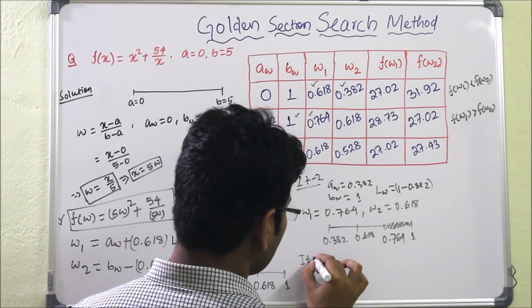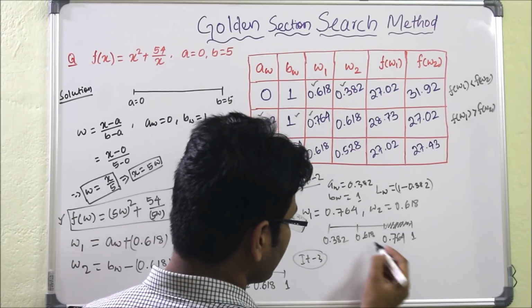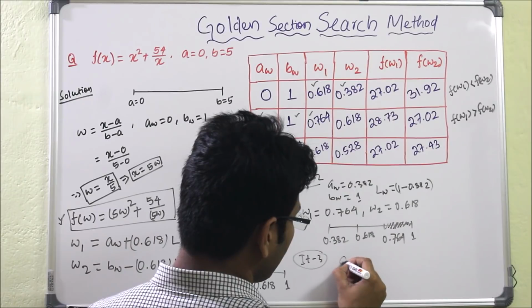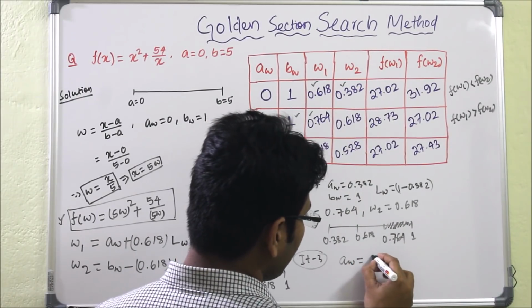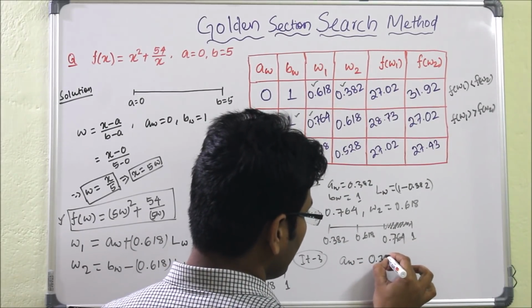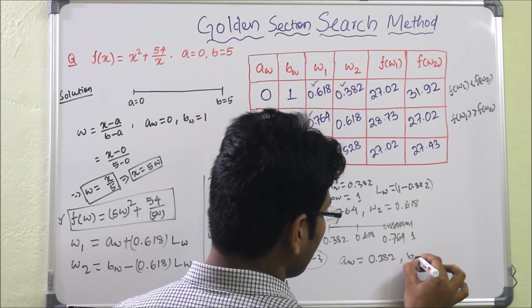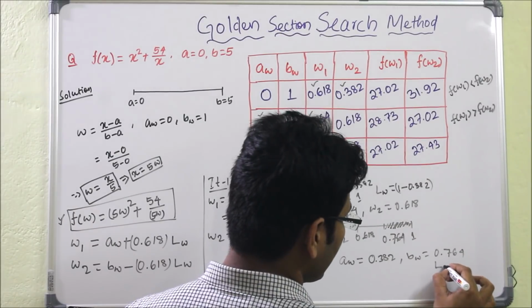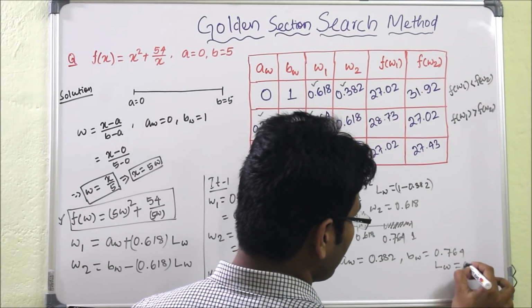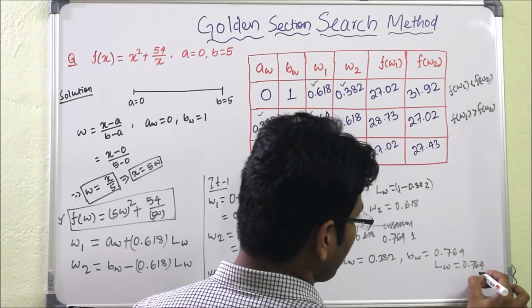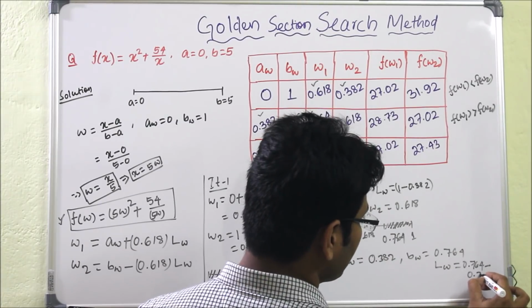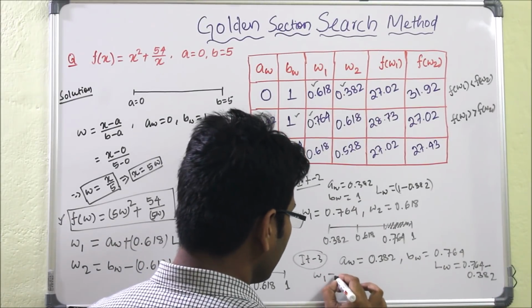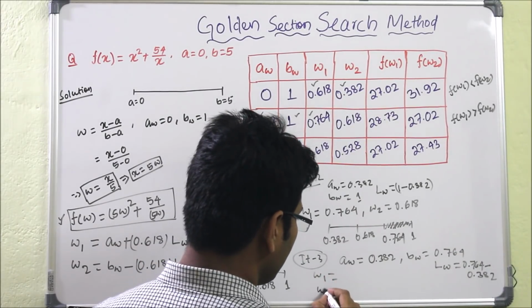Then we go to iteration 3. For this region, aw is 0.382 and bw is 0.764, so lw is 0.764 minus 0.382. Then we calculate w1 and w2.